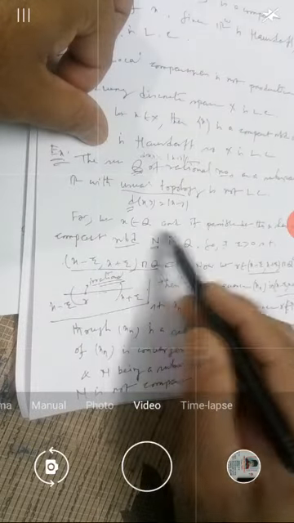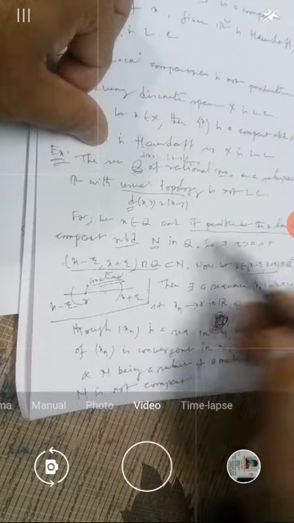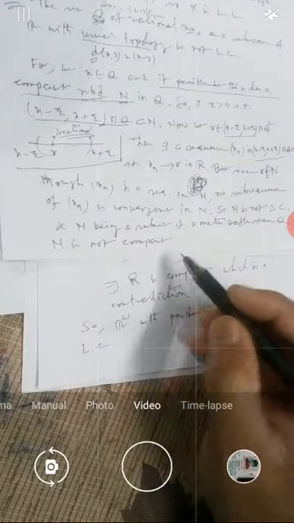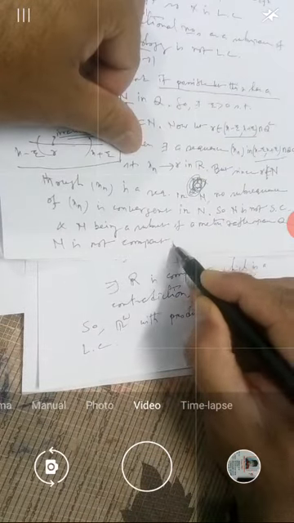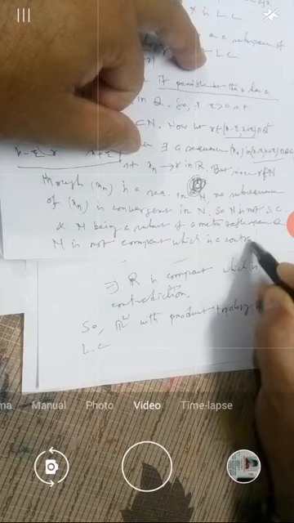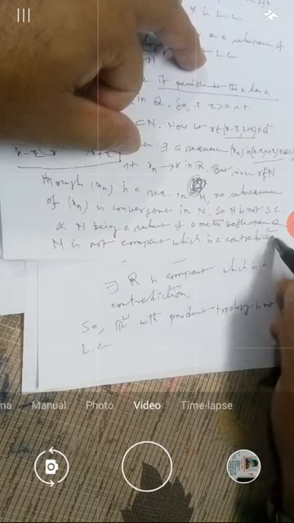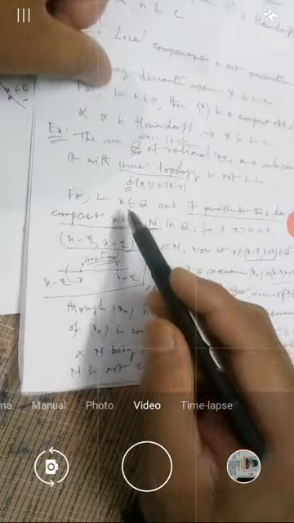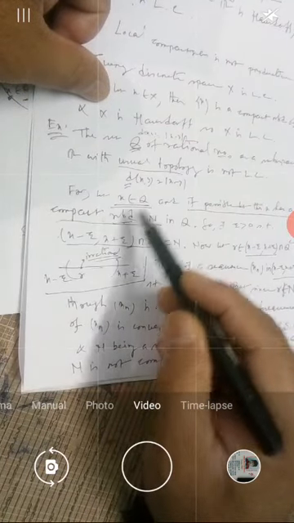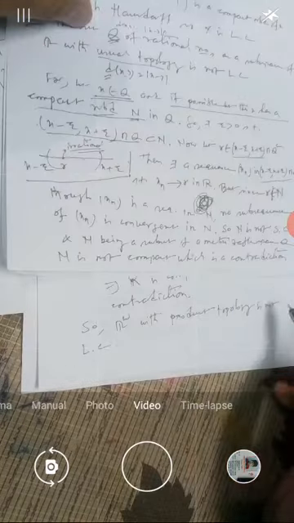Because we have assumed that, if possible, let x have a compact neighborhood N. So N is compact, but here we see that N is not compact, which is a contradiction. So if we assume that a point x of Q has a compact neighborhood, then we arrive at a contradiction.